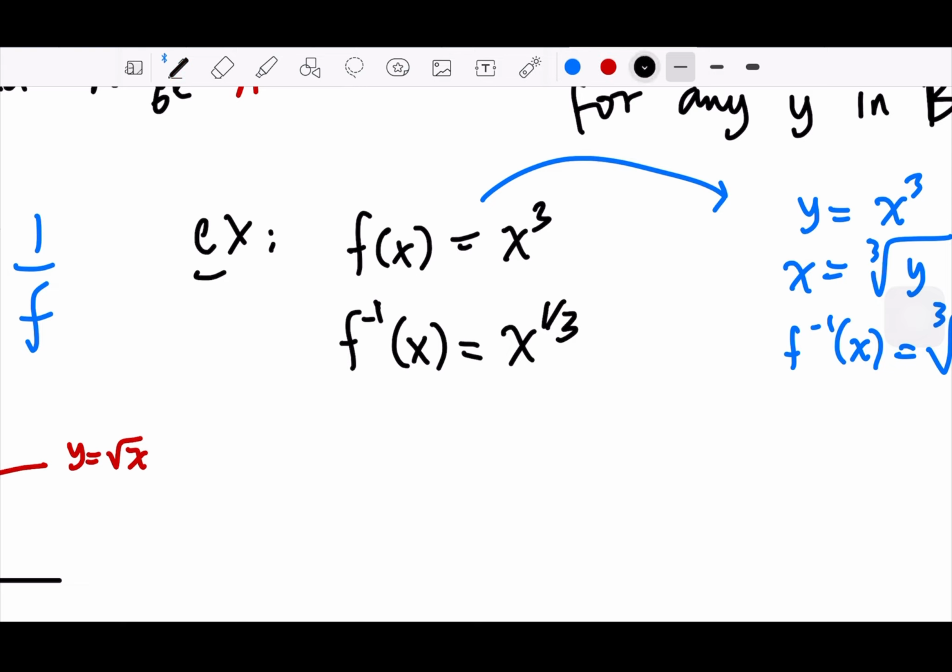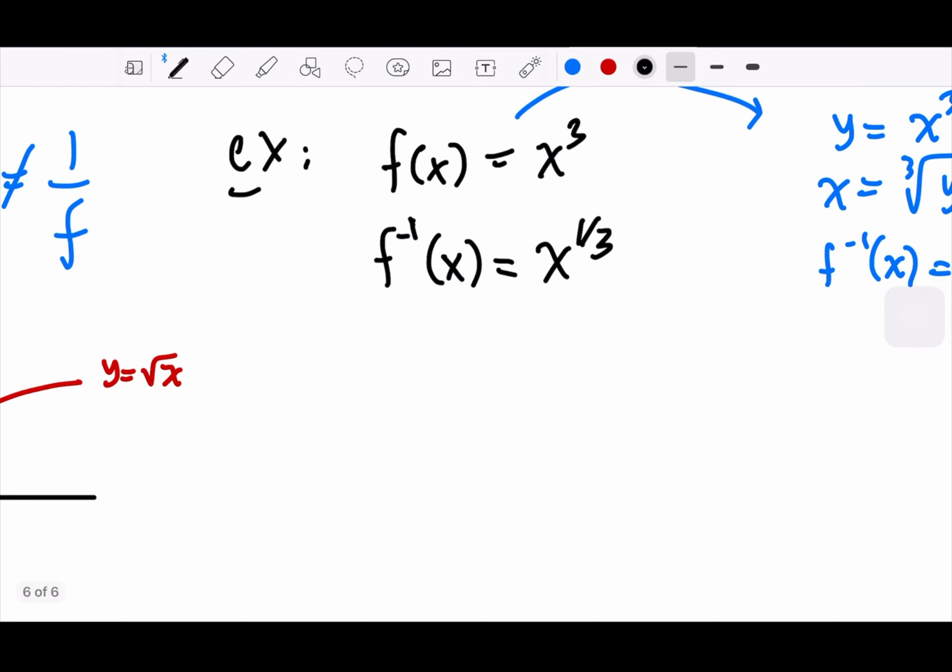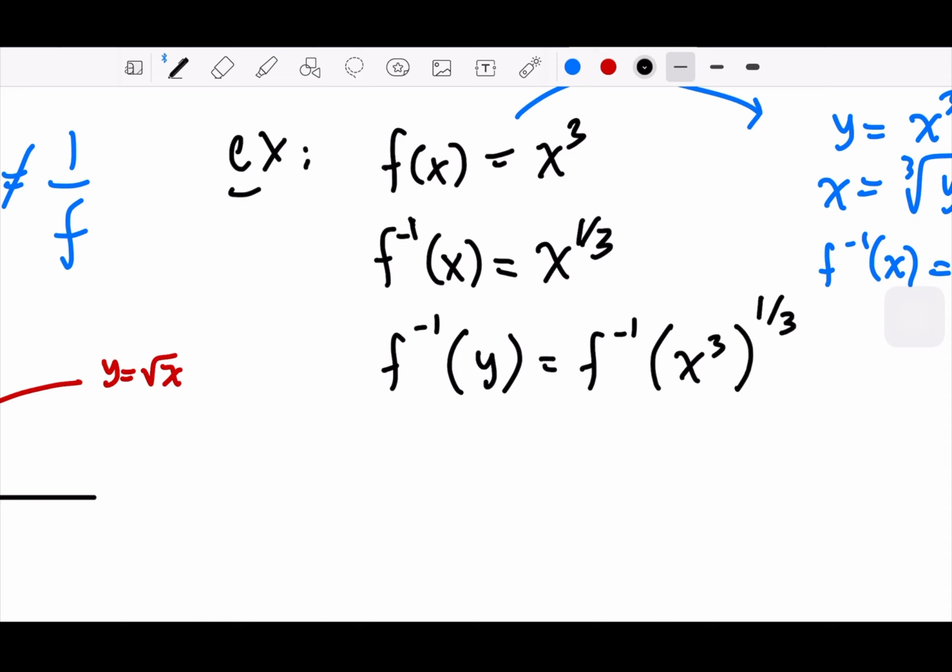And then another note is when we have this inverse, if we are putting this y inside, which means we are going to put the x cubed, and then we are having the 1/3 from here. Okay.